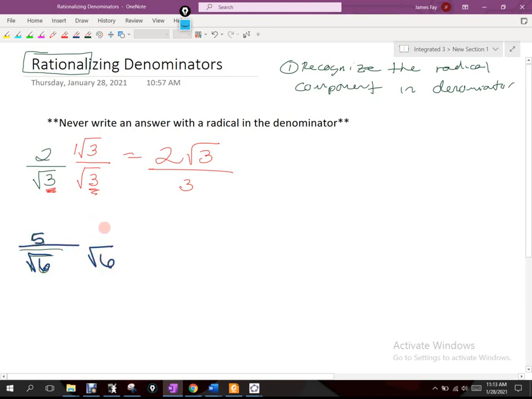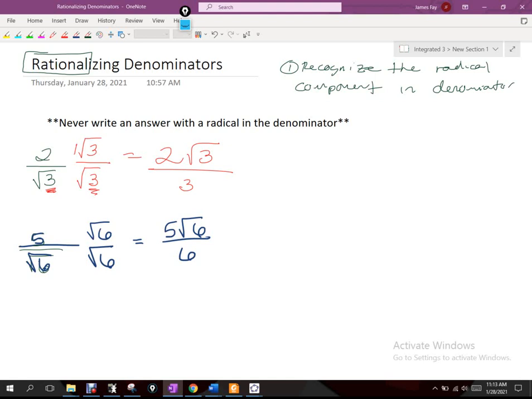And what do I multiply on top? Radical 6 again. So whatever that denominator was, you're going to multiply the top by it and you're going to multiply the bottom by it. 5 radical 6 over 6, and you're done.